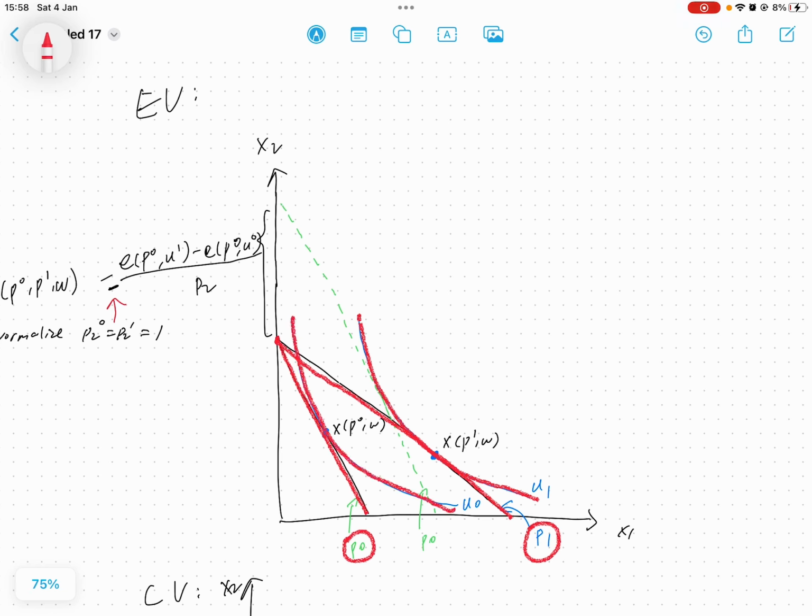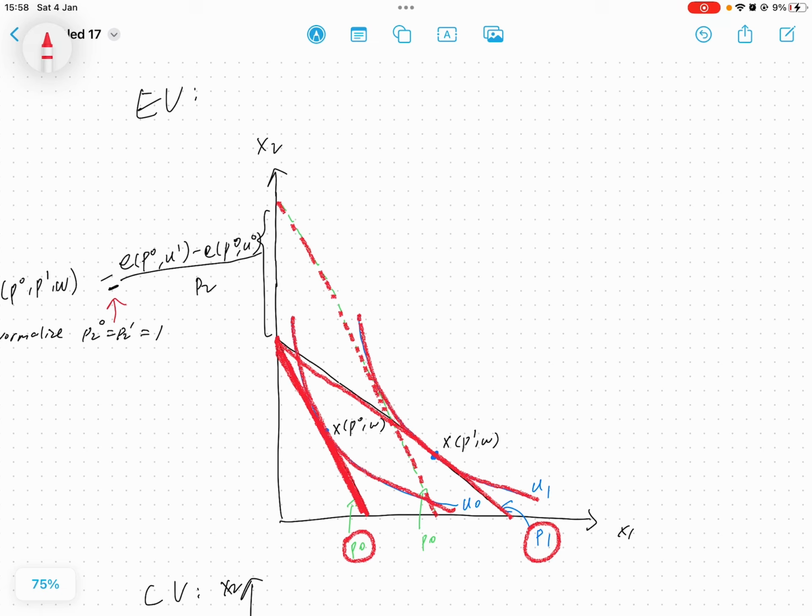But in both expenditures, we're using the old price P0. We know this was the old price, right? So how do we copy that old price to the new utility U1? That will be the question here. We simply shift that straight line parallel to that, and we shift it to here.